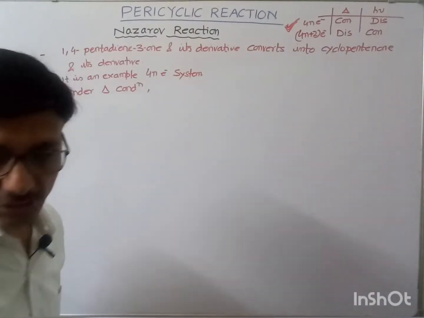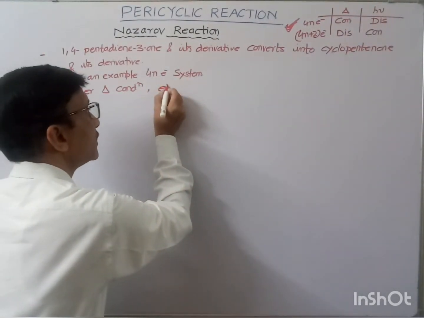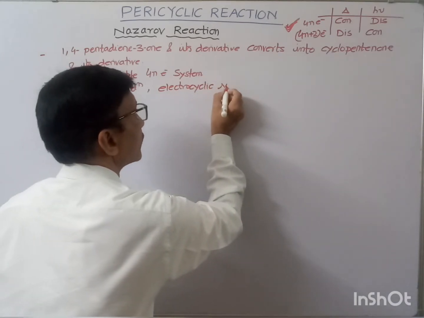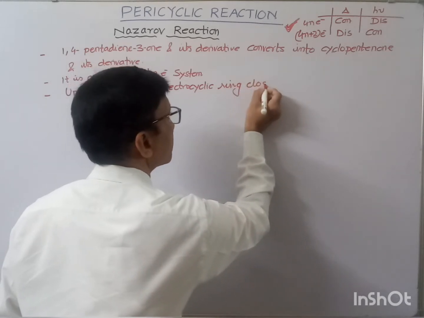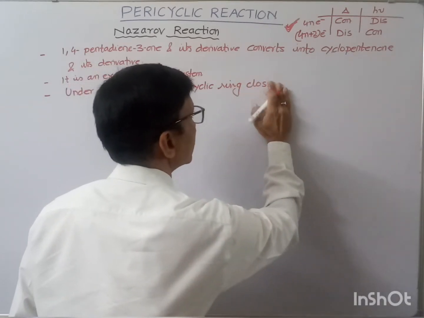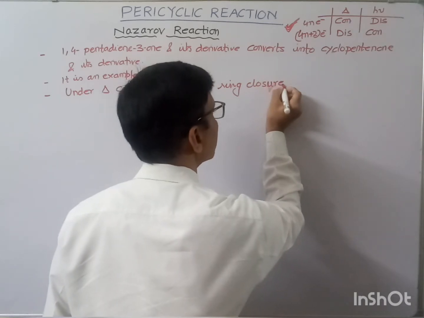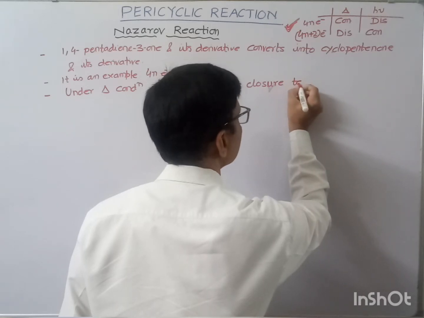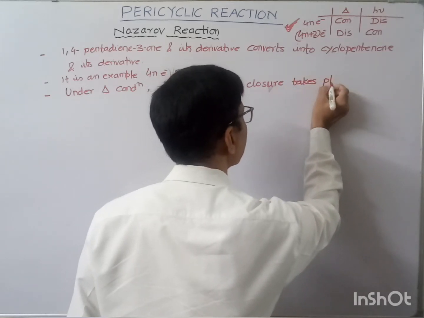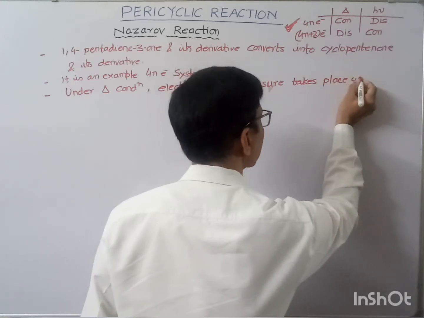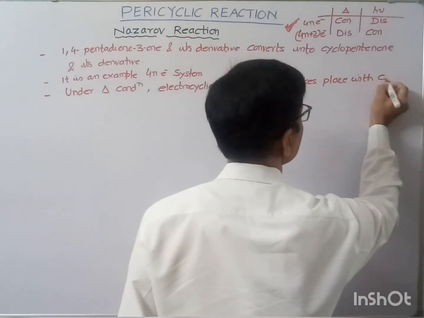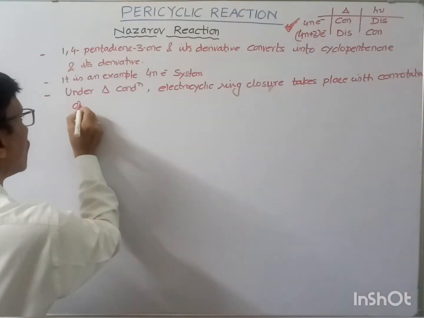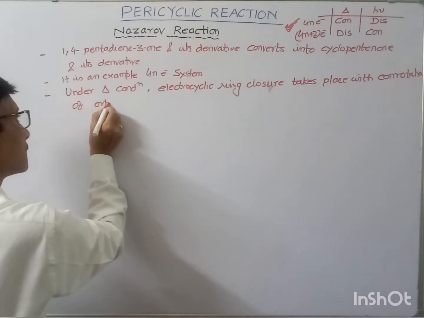So under thermal condition here electrocyclic ring closure takes place with conrotation of molecular orbitals.